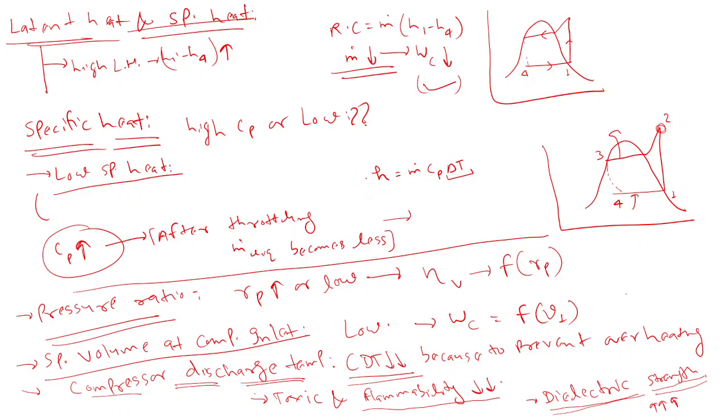So what is the dryness fraction? Mv divided by Mv plus Ml, right? Now let's suppose this mass of liquid would be less. Actually, what do we want here, mass of liquid less or high for our purpose? We want high. So if mass of liquid becomes less, then dryness fraction would be more, right?